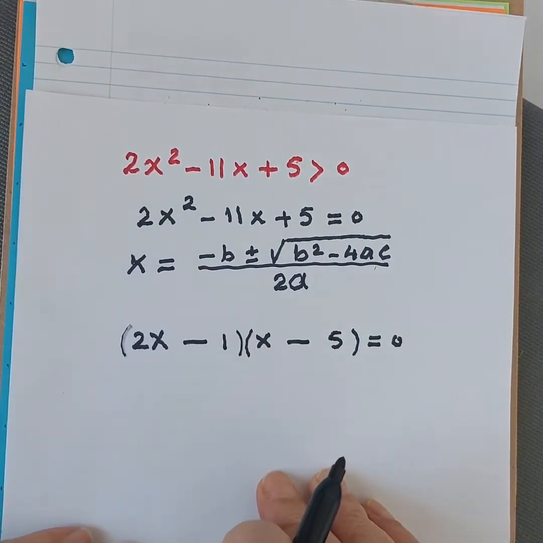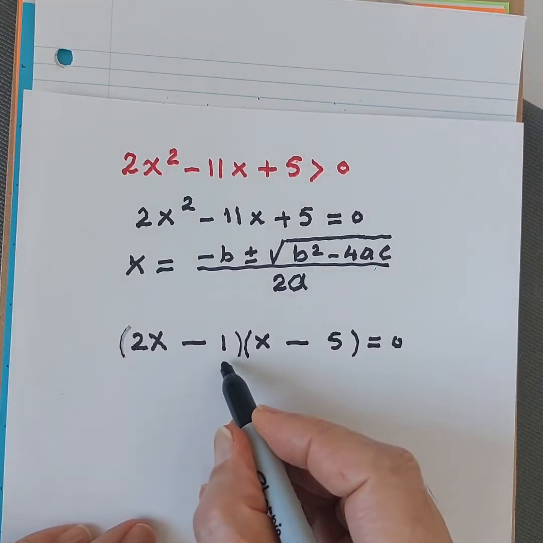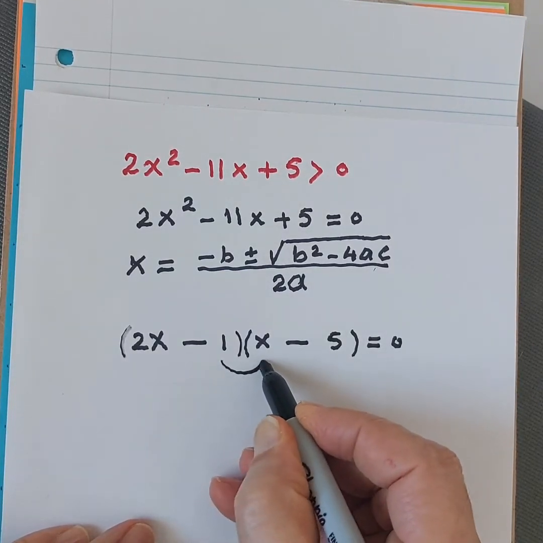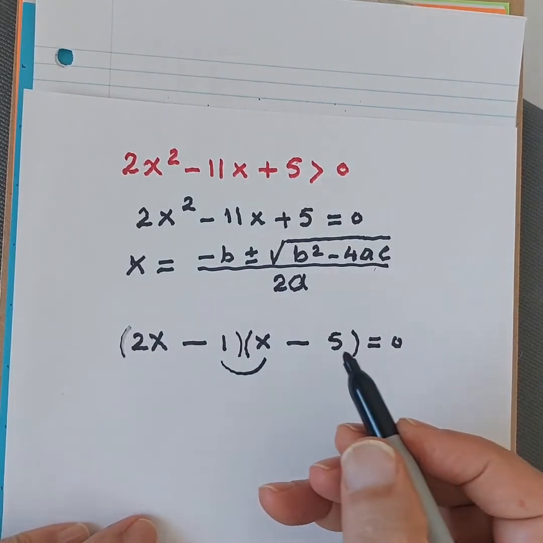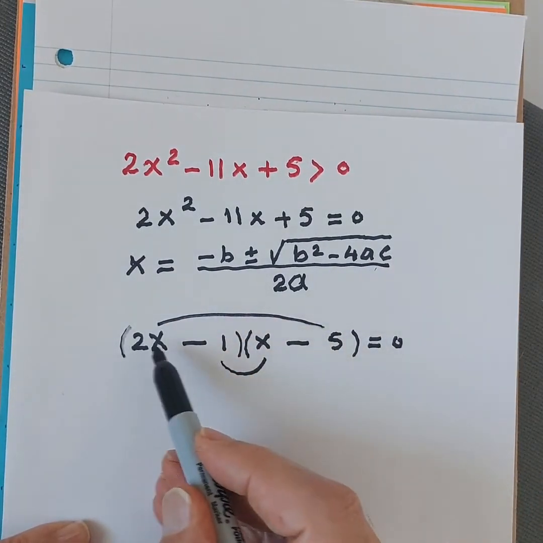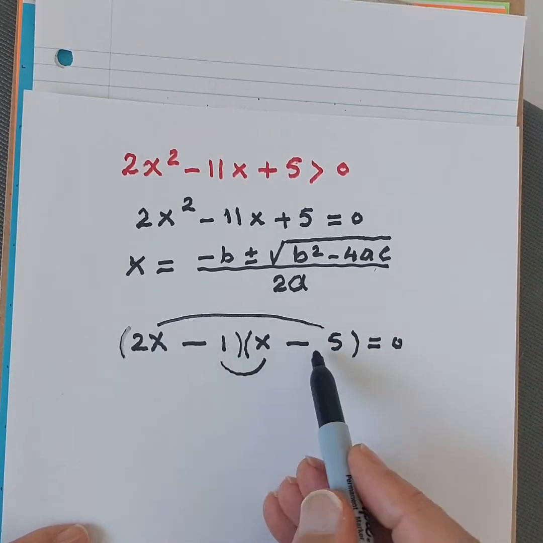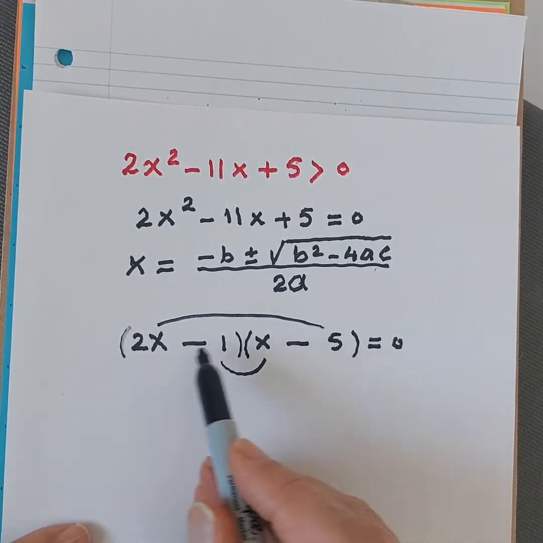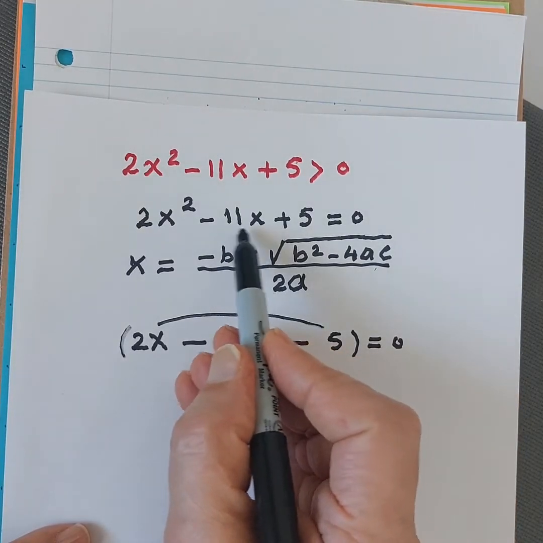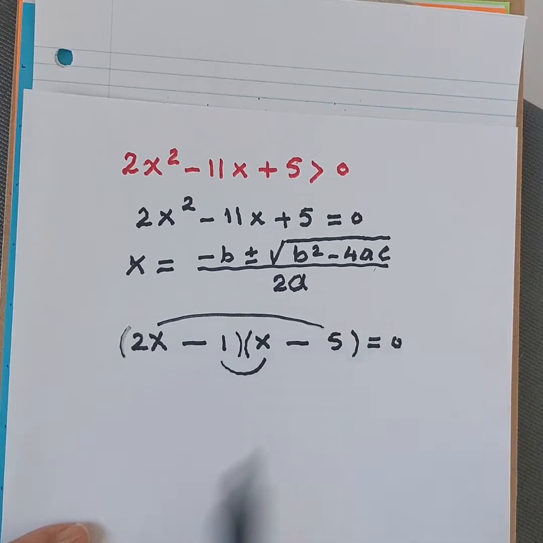Let us check if this factoring is correct. When you multiply those together, it will be negative x, and multiply those together, it will be negative 10x. So negative x and negative 10x, it will be negative 11x, which is the same number here. Then this factoring is correct.